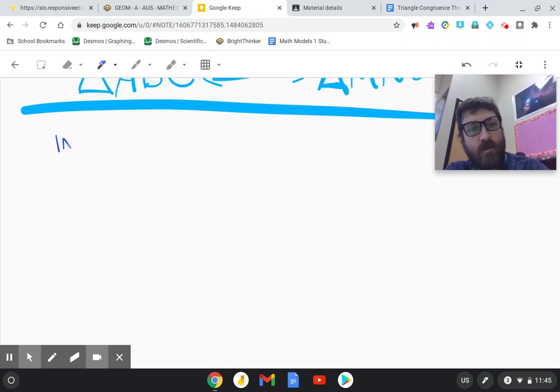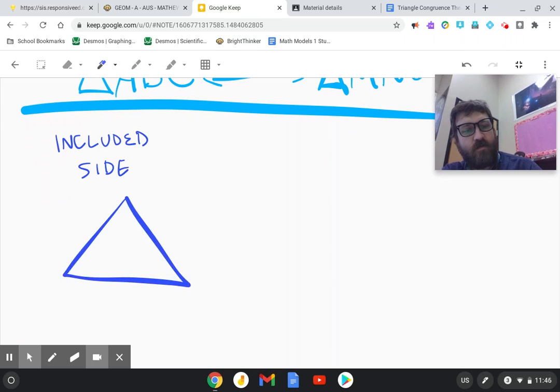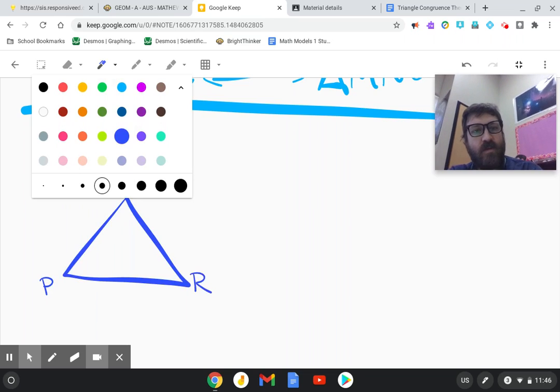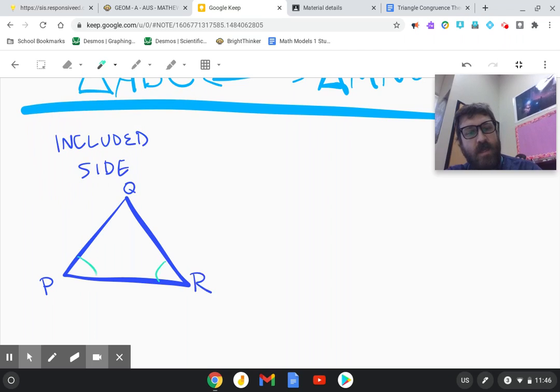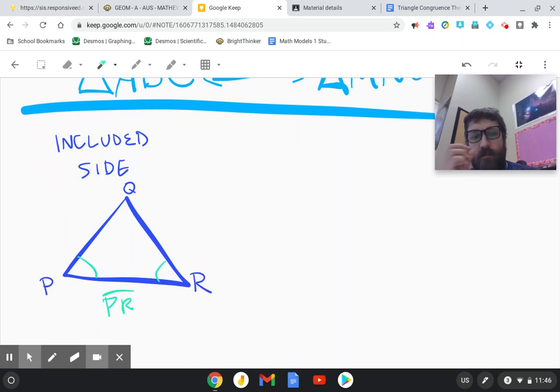If we have what we call an included side, what we mean is if I have this triangle, call this triangle PQR, and I focus in on angle R and angle P, then the included side for angle P and angle R is side PR, because it's the side that has the place where those two angles come together.